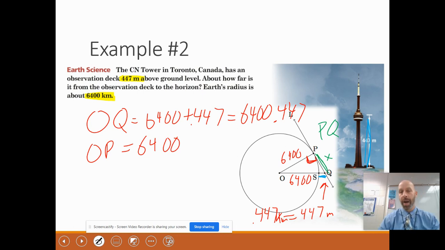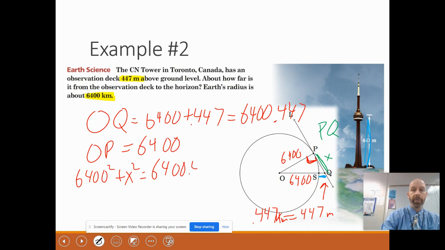Since we're going to the horizon, that means that has to be 90 degrees. It satisfies the Pythagorean theorem. So I know that 6,400 squared plus x squared is going to be equal to 6,400.447 squared.